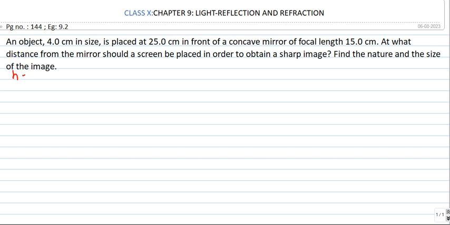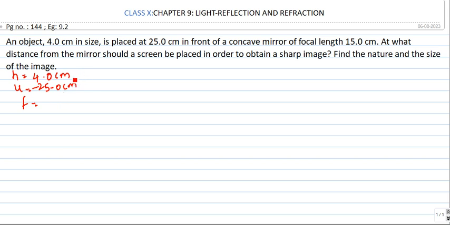problem? We have h, which is 4 centimeter. Then we have u, which is 25 centimeter. Then we have f. We have to remember that you should have a negative sign.